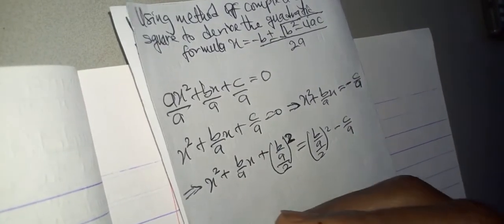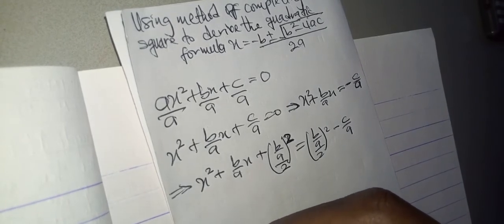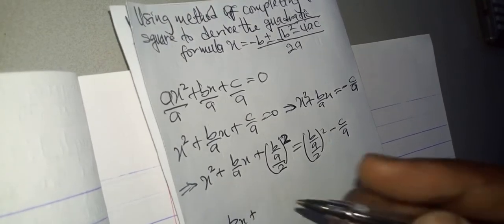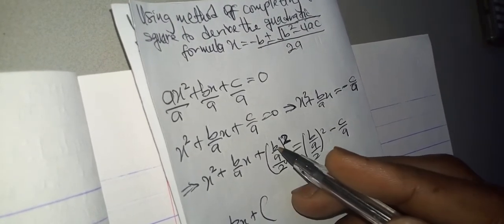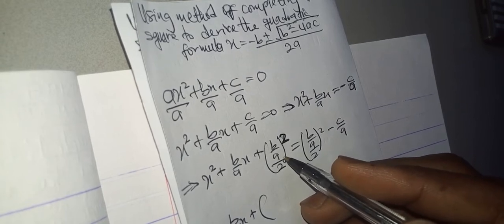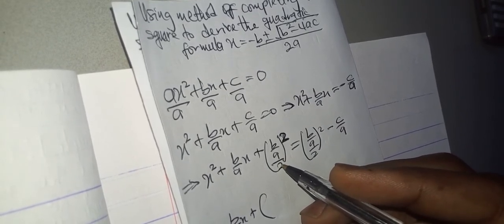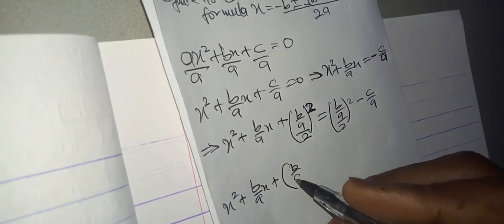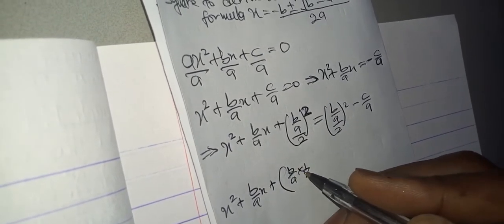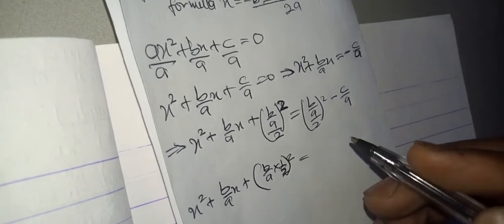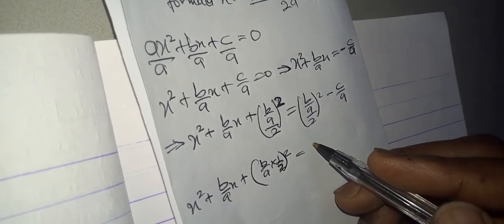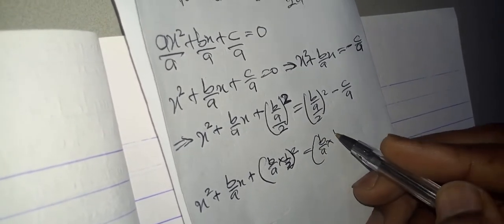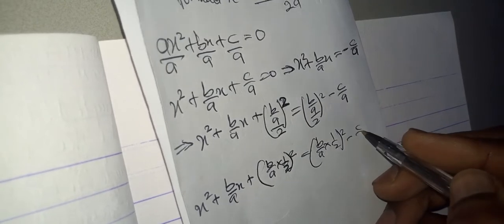Now we are going to simplify. So we are going to have s squared plus b over a s plus. We know that b over a is going to multiply the reciprocal of 2, that is 1 over 2. So you are going to have basically b over a times 1 over 2 all squared is equal to the same thing will pan out here, b over a times 1 over 2 all squared minus c over a.